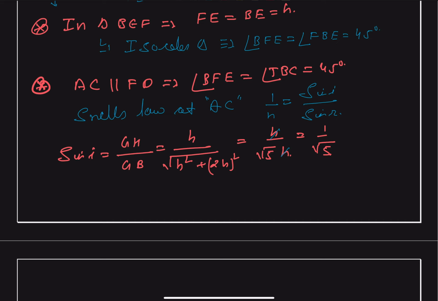And sine of r is our sine of 45, which will be equal to 1 upon square root of 2.